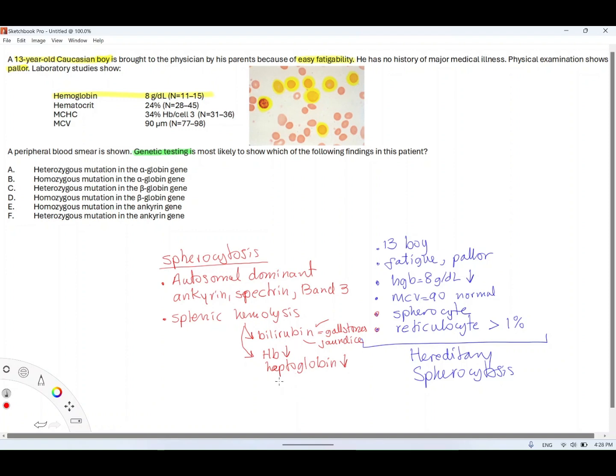Bilirubin will be increased, and the hemoglobin released per cell, that too. What else? LDH is found within red blood cells. Red blood cells don't have mitochondria, so they go through anaerobic respiration or glycolysis. So LDH will be increased when they burst in hemolysis. Alkaline phosphatase would be increased.